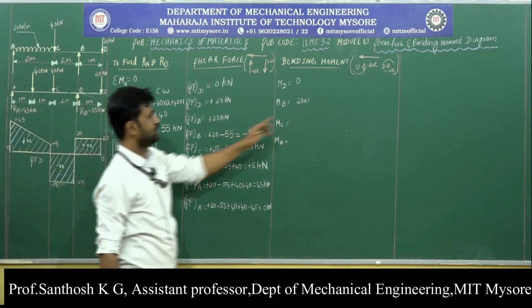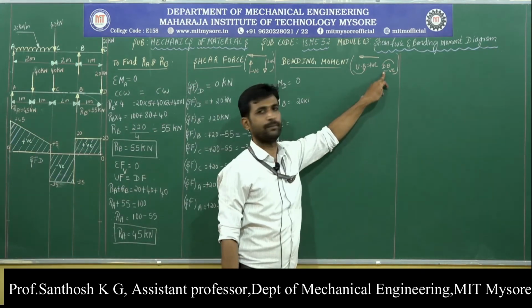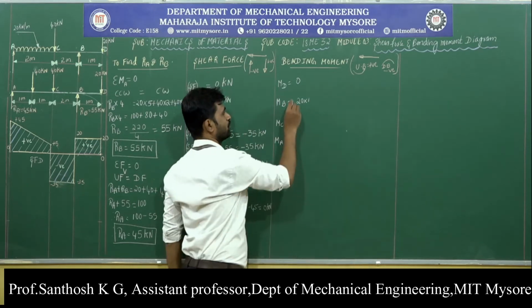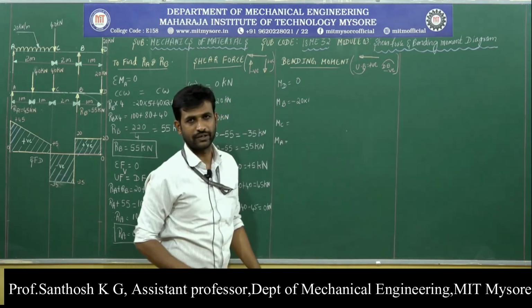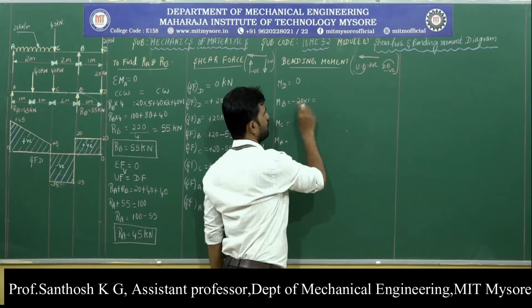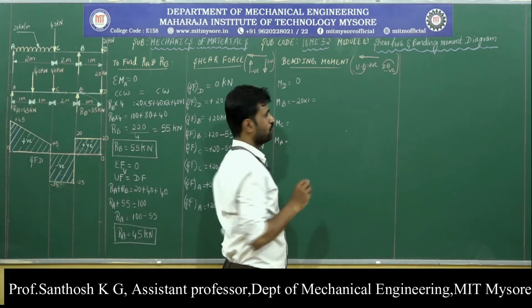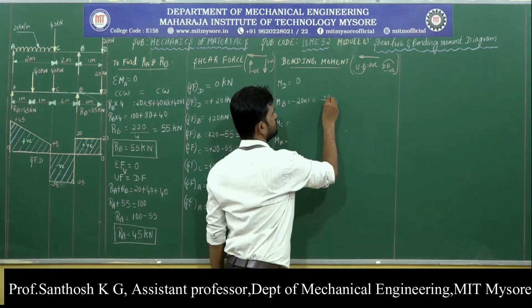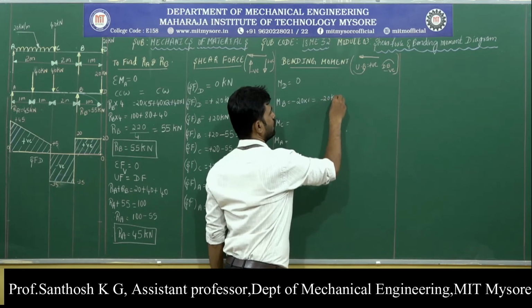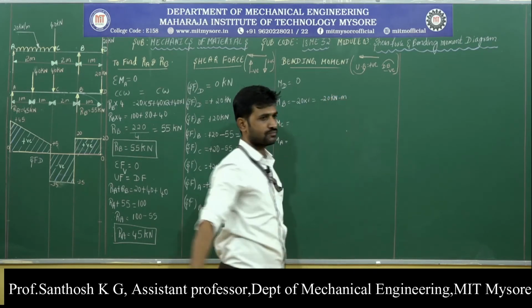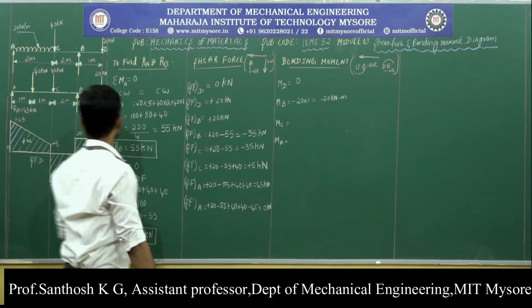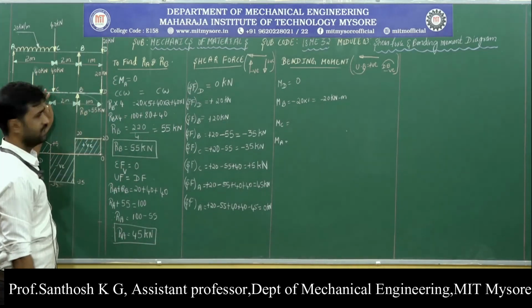Since this moment bends the beam downward, it should be associated with a negative sign. Therefore, minus 20 into 1 is minus 20 kilonewton meter. Then we will come to point C.